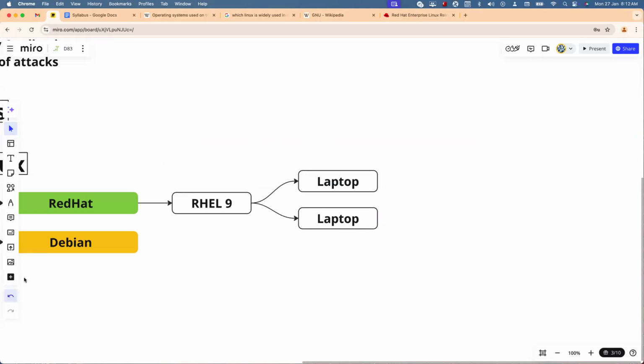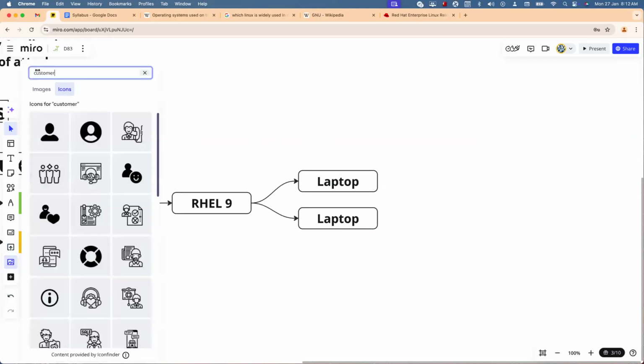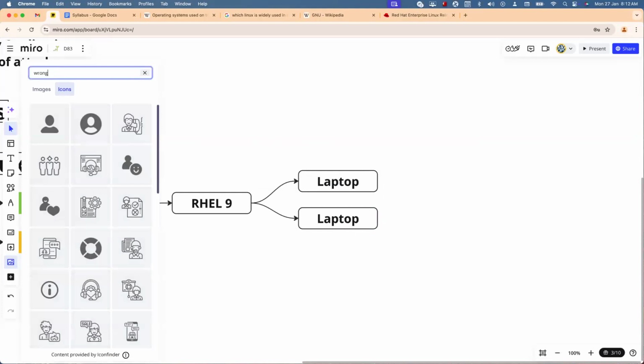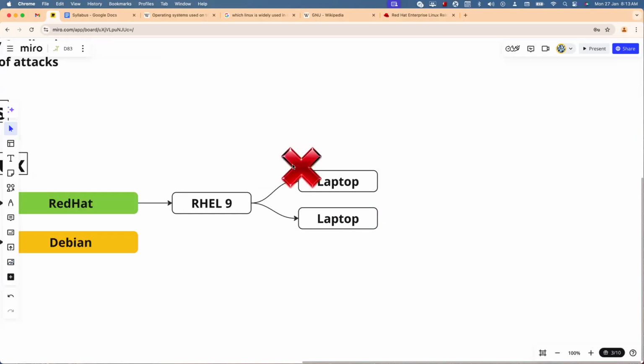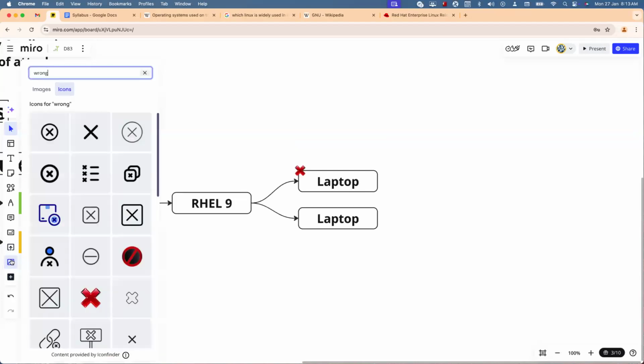So we will not go with a laptop setup. I highly discourage this, because whatever you do should be relevant to the work that you are actually going to perform later.